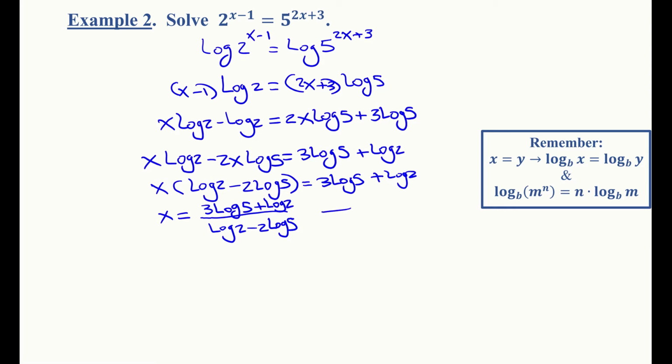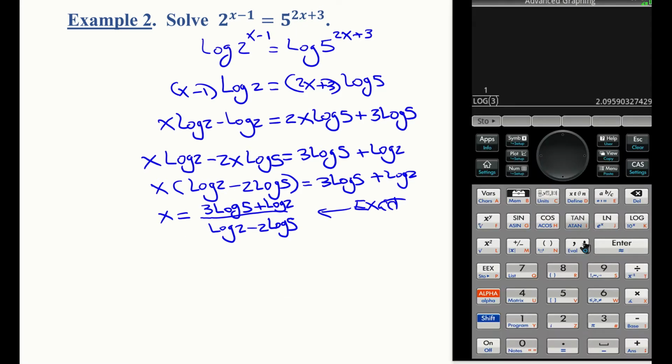Now, if we want an exact answer, we can stop. If we want an approximation, we'll go ahead and use a calculator carefully. Now, we will want to utilize parentheses. So I'll go ahead and contain the entire numerator in a set of parentheses.